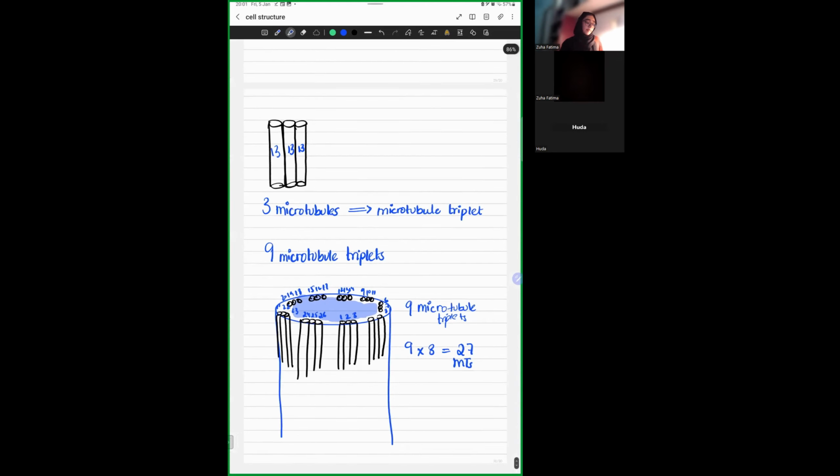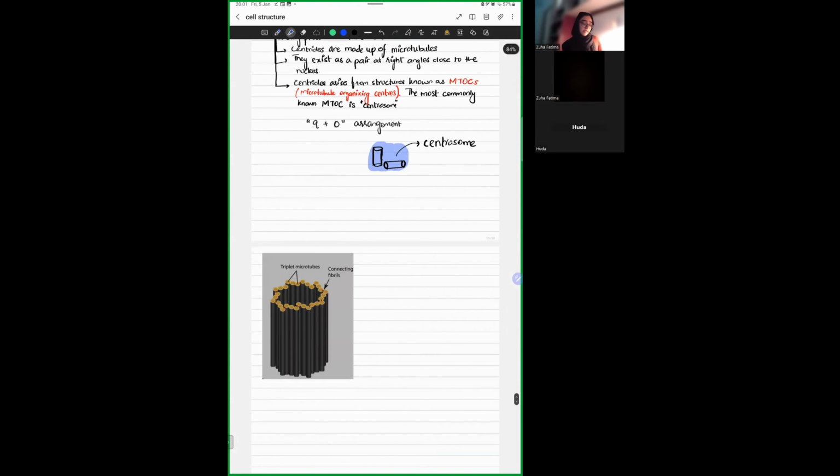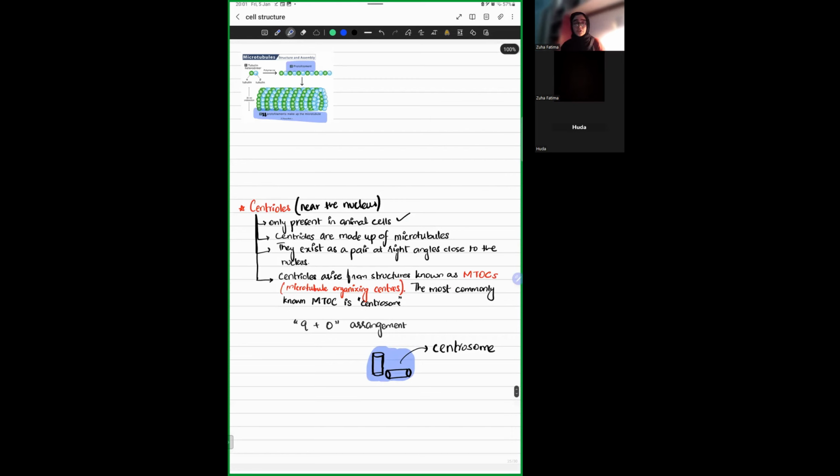So over here, the arrangement of a centriole is called a 9+0 arrangement. Why? Because we have 9 microtubule triplets and there is a hollow center.